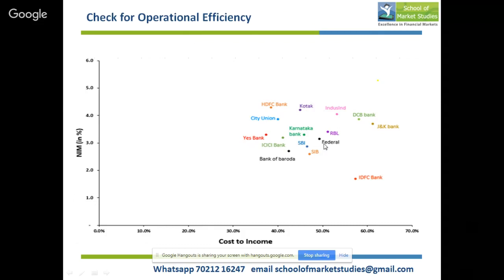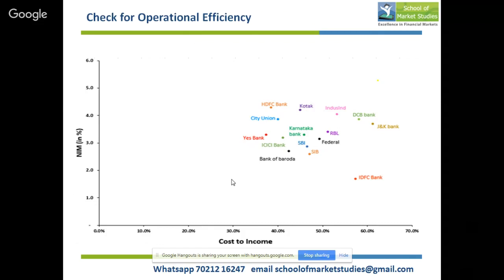So out here, the banks which go out are Bank of Baroda, SIB, IDFC Bank. Okay, JNK Bank is already out. We had earlier eliminated it, if you remember.